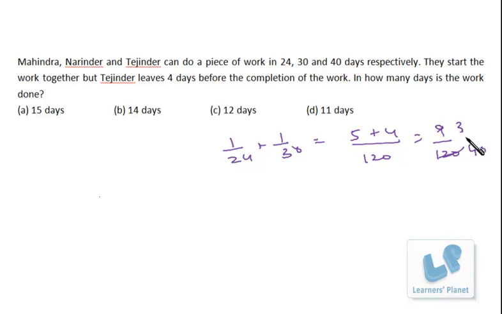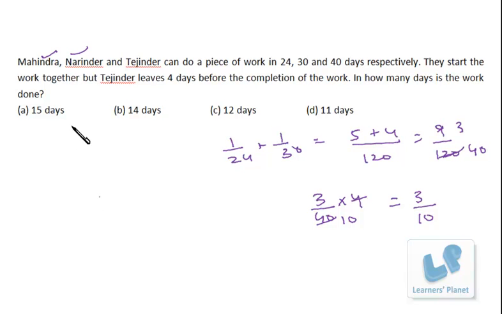That means in a single day, if they are working 3 by 40th of the work, for 4 days they will be doing 3 by 10 of the work. Now 3 by 10 of the work is being done in last 4 days, and that work is being done by Mahindra and Narendra only. That means before this, when the three guys were working, they might have finished 7 by 10 of the work, isn't it? 7 by 10 of the work.